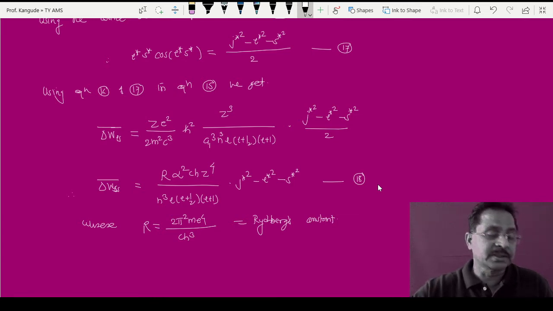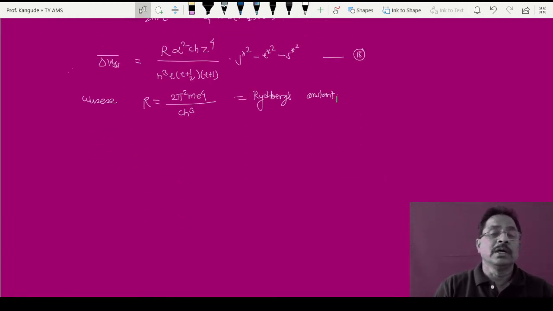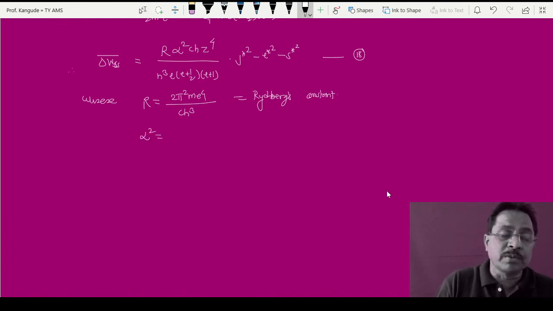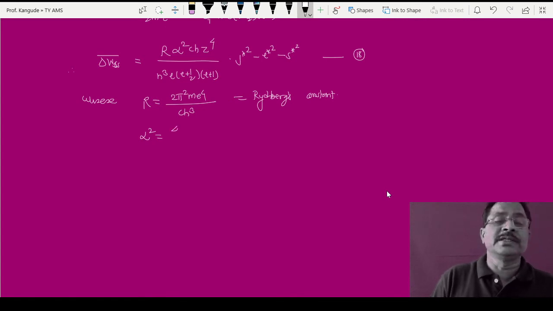Another constant is alpha square. Alpha square is another very important constant in physics, and it is the square of the fine structure constant, given by 4 pi square m e raised to fourth divided by c square h raised to fourth. This is called the square of the fine structure constant.